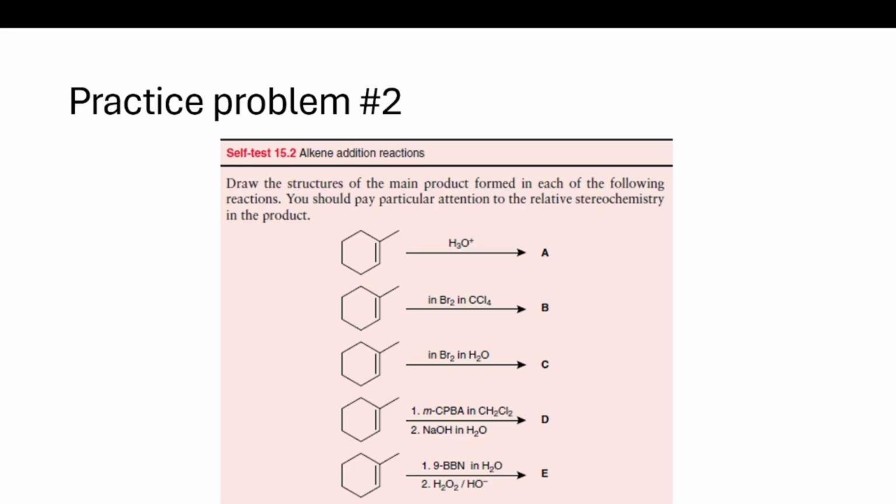Now, this one is going to touch a bit back on those alkene addition reactions. So if you want to briefly do this, I'll give about a minute or so. Just predict product A for now.